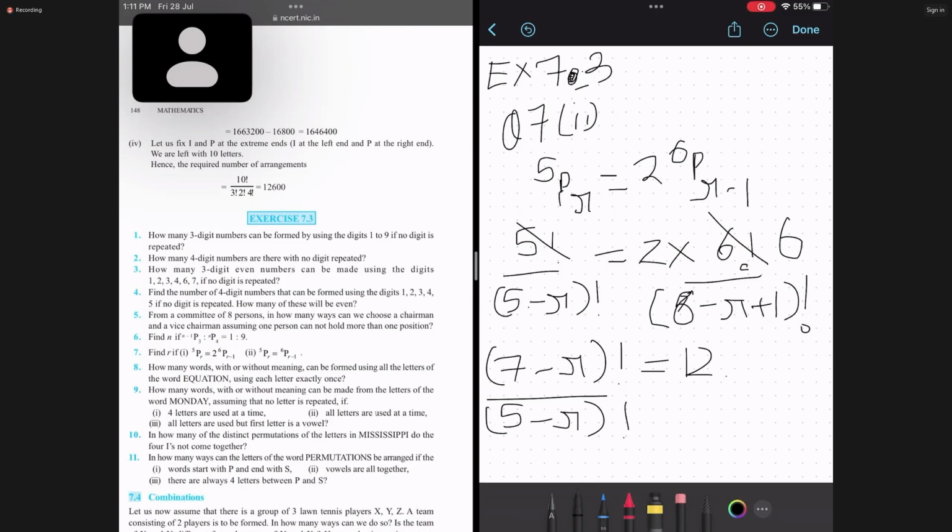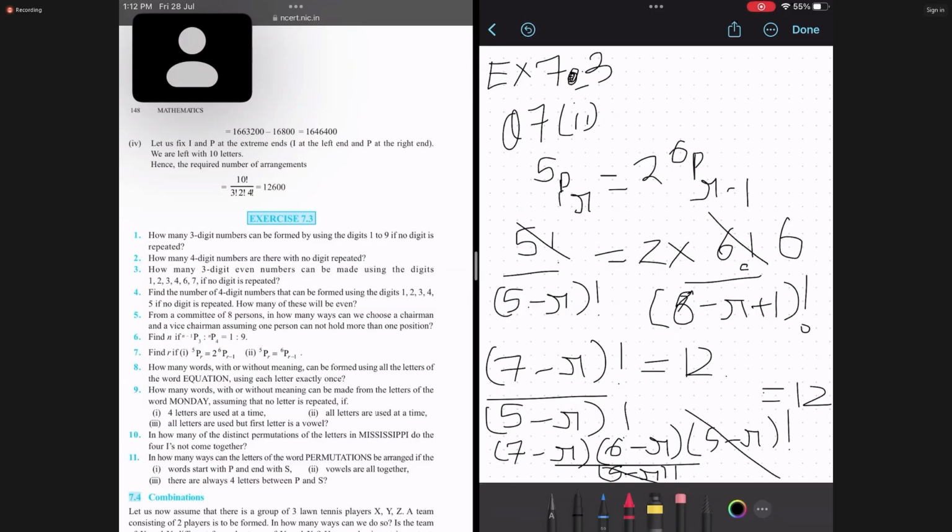Just remember this. So if we need to divide this by (5 minus r)!, what we can do is expand this, right? So this will become (7 minus r) into (6 minus r) into (5 minus r)! upon (5 minus r)! is equal to 12.